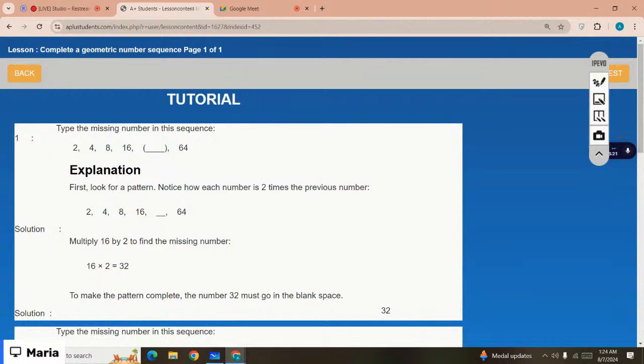The lesson we just finished is the arithmetic sequences, because when you add a number to find the next number in the sequence, that is the arithmetic sequence. The geometric sequences are the ones in which you multiply or divide the number to get the next number, right? So that would be the geometric sequences.